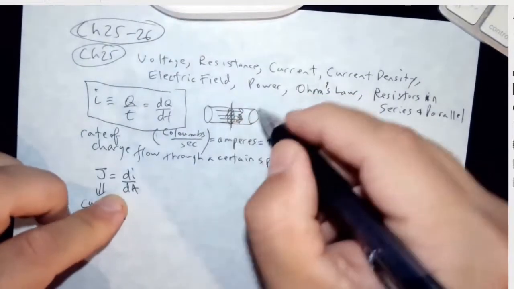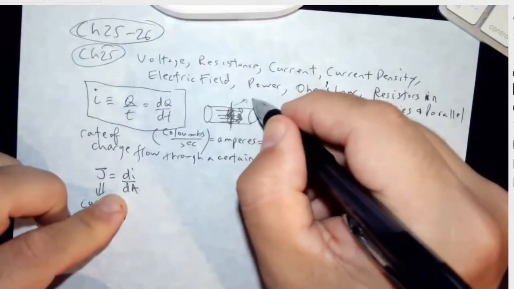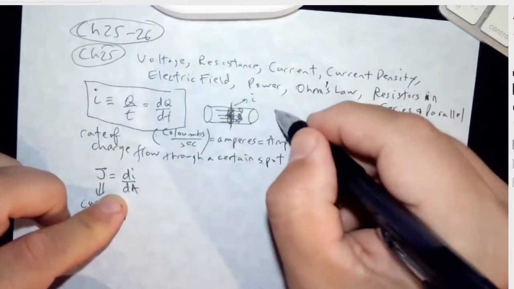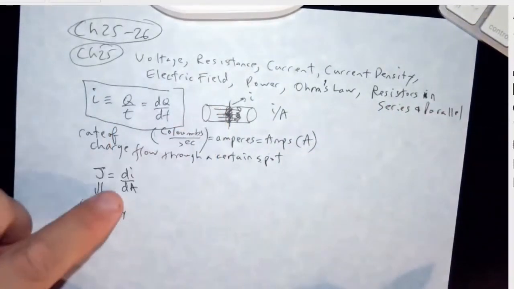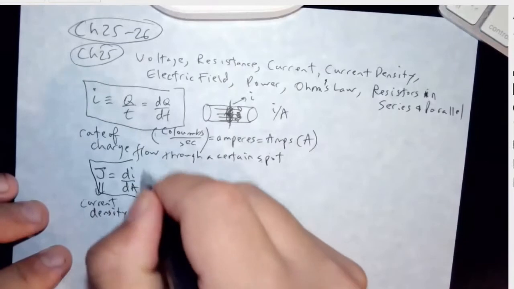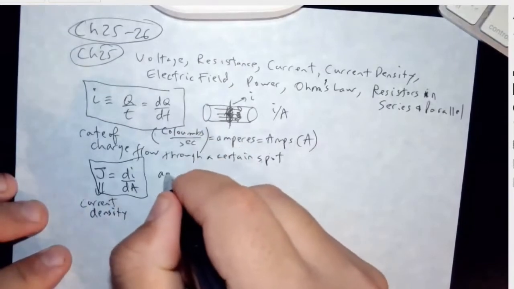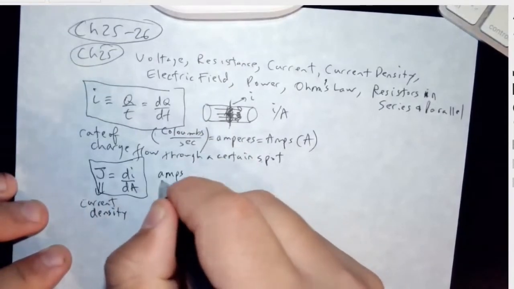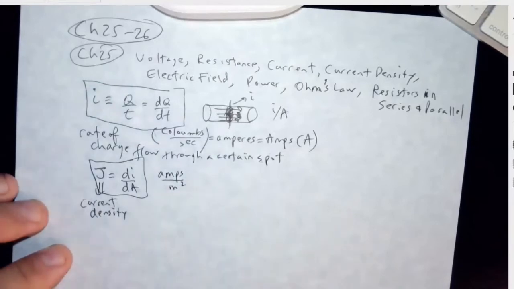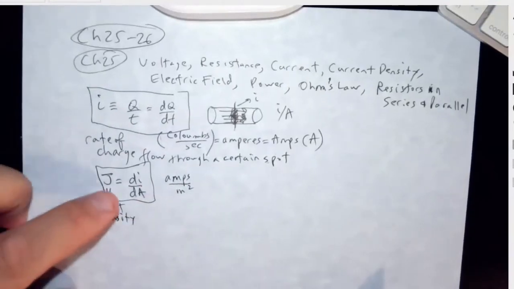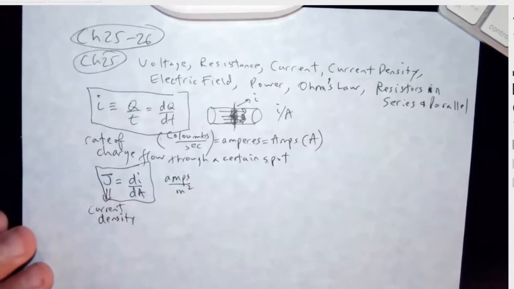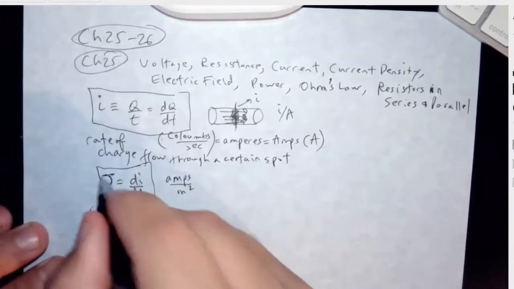So basically if there's a certain amount of current flowing here, then you would divide that by that area, right? And then that will give you the current density. So that would be units of amps per meter squared, or you could do centimeter squared or any other unit of area. Okay, so then that's current density.